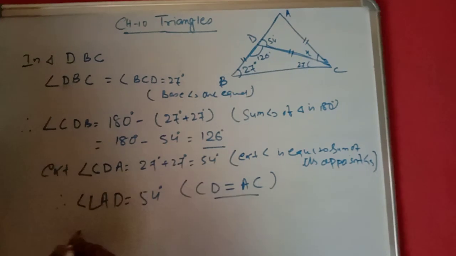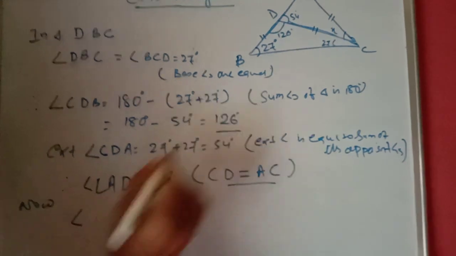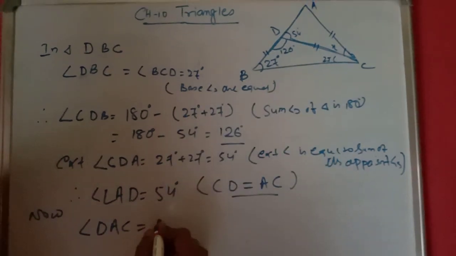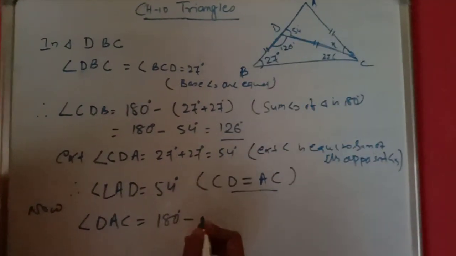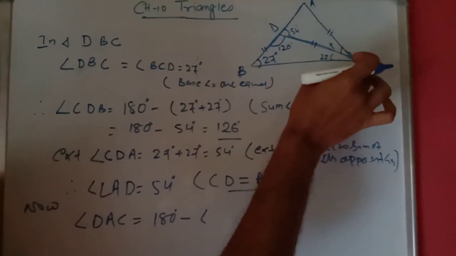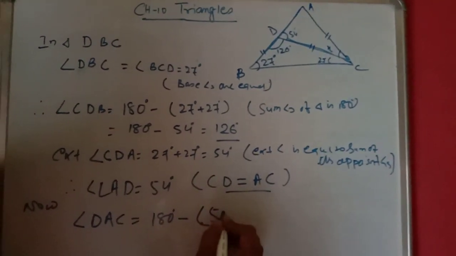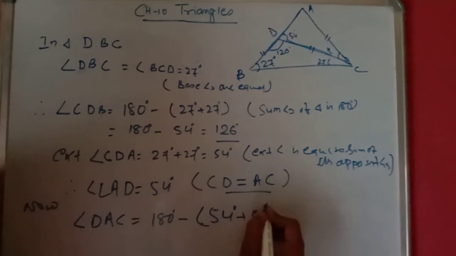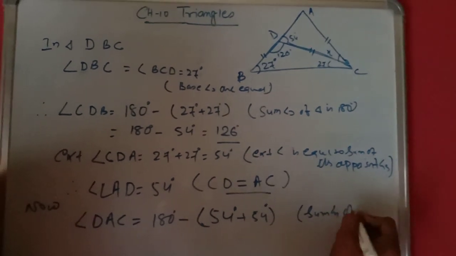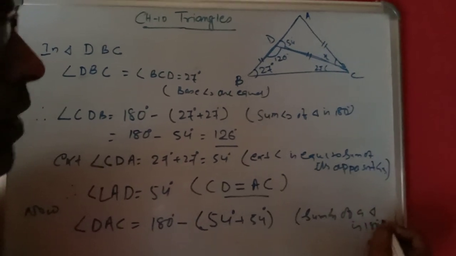Now we have to find out angle DAC equal to 180 degrees minus angle CAD plus angle DAC, that means 54 degrees plus 54 degrees. Why? Because the sum of angles of a triangle is 180 degrees.